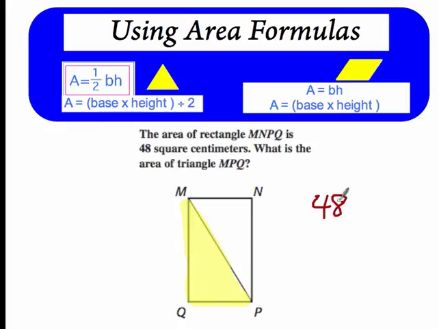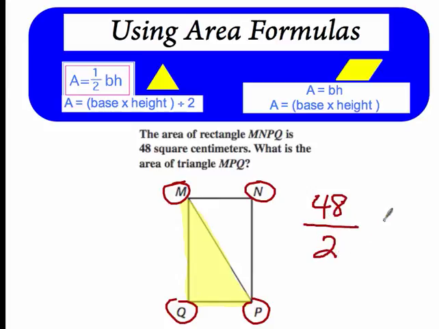So if the whole thing is 48 and a triangle is half of the rectangle, then I need to find out what is half of 48. And I do that by dividing by 2. So 48 divided by 2 is 24. So 24 here, 24 here. So the area of triangle MPQ is 24, because 24 times 2 equals 48.